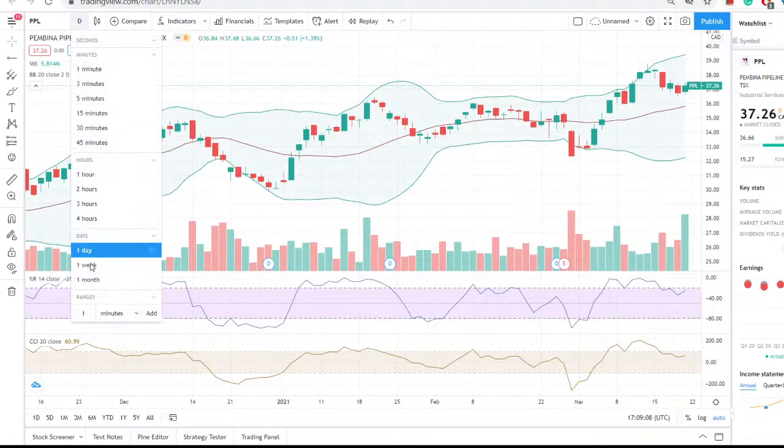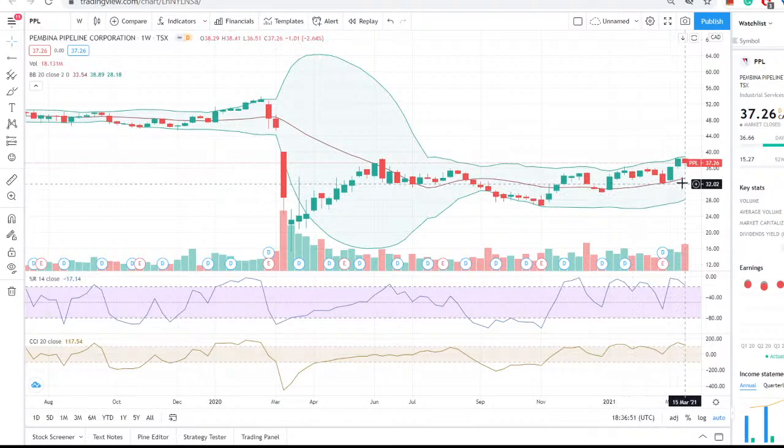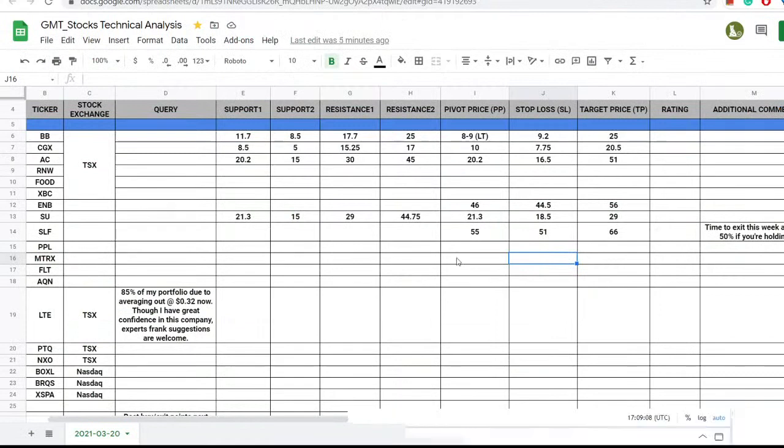Re-entry price, correction could be around this support at 33, 32, 32.25, with a stop of 29. Sorry, 29. That's a big stop loss. $3 stop loss.